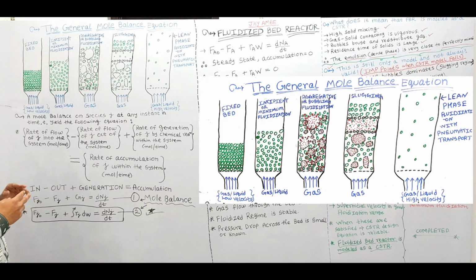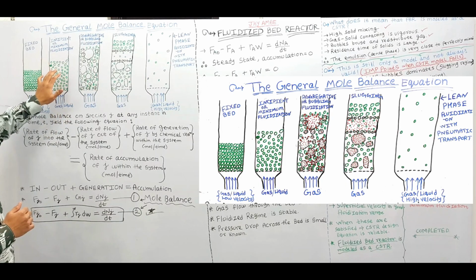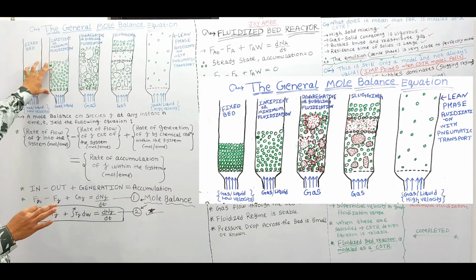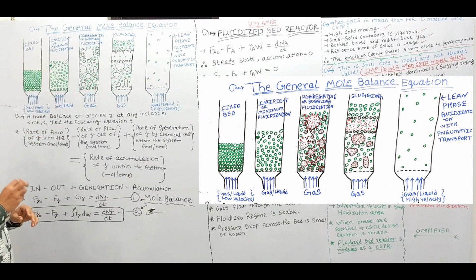In the second case, when the drag force of the flowing fluid equals the weight of the solid catalyst, the pressure drop will tend to remain constant, right? Okay, here we have completed the second case.